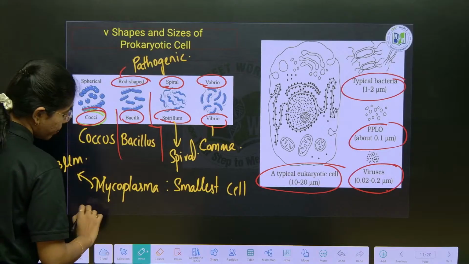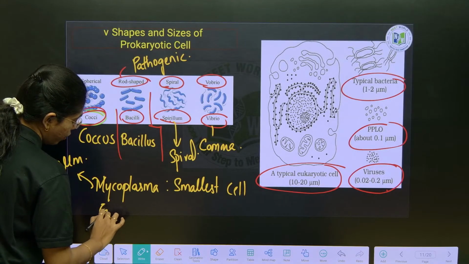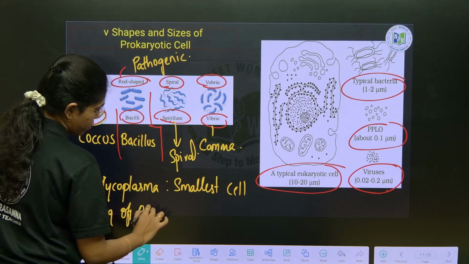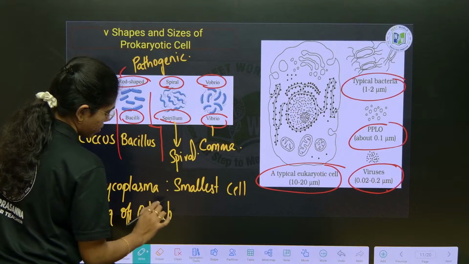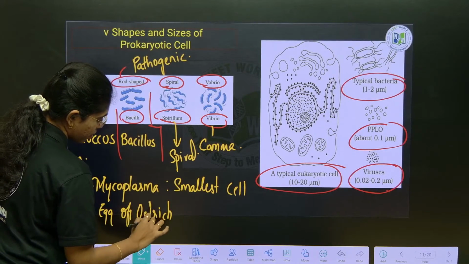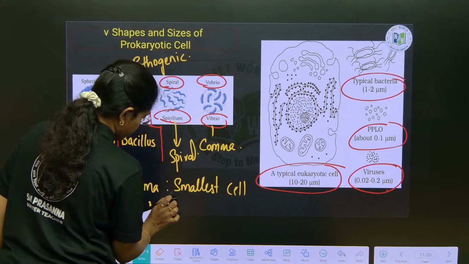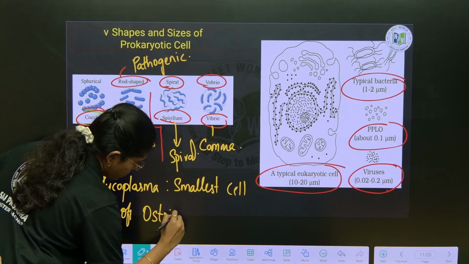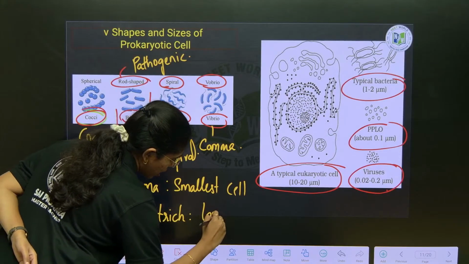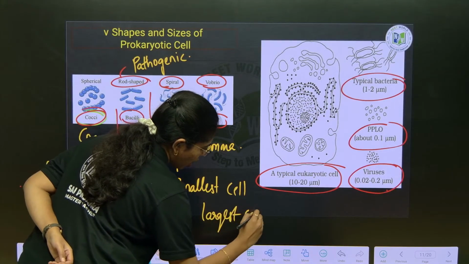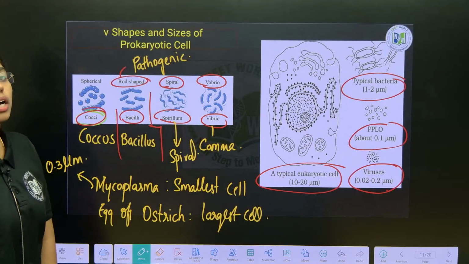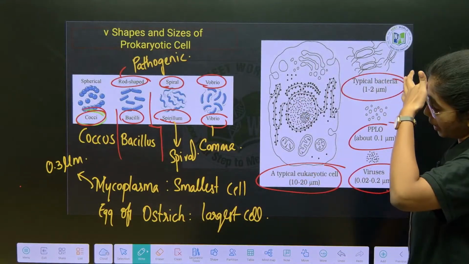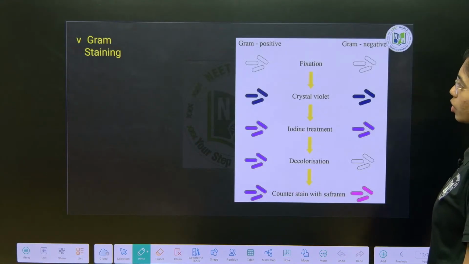And then the ostrich egg is the largest cell. And what is the longest cell? From shapes we have learnt, the nerve cell is the longest cell. Largest, smallest, longest, keep it in your mind. So, this is about sizes of cells.